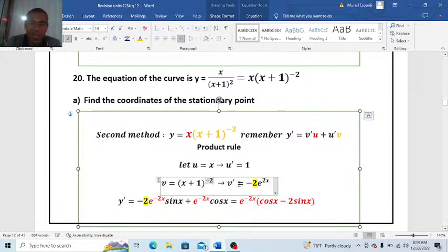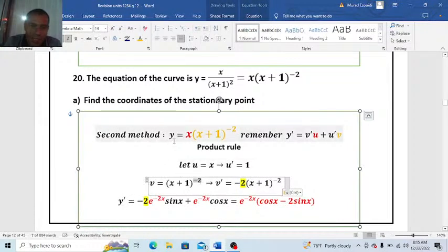I will differentiate this. It will be minus 2, and I will apply the chain rule here. The minus 2 comes down in front of my function, because the power is negative.